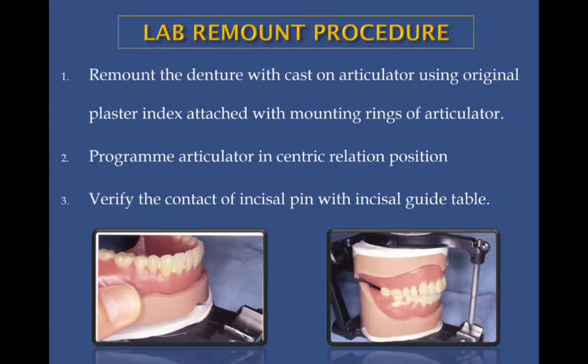While you make indexing of the cast, the notches which you create help you relocate the maxillary and mandibular master cast back onto the mounting. Then with the help of sticky wax you are going to fuse the master cast with your previous mounting.